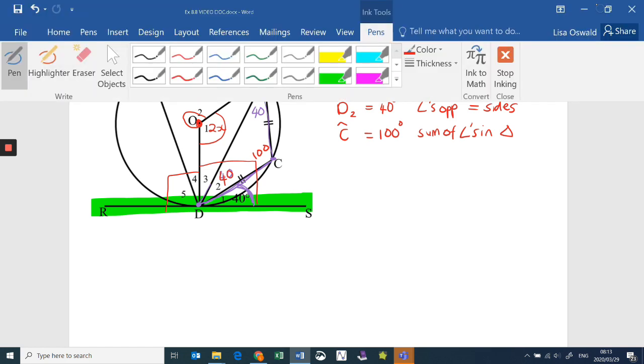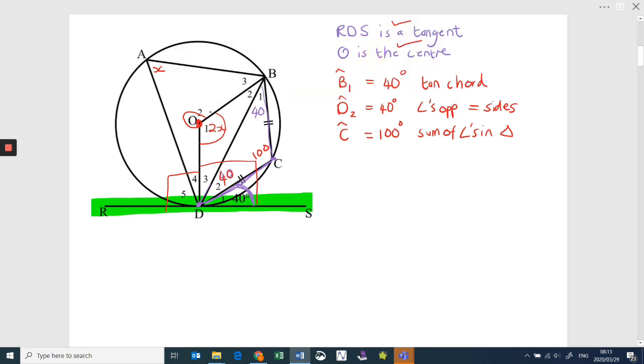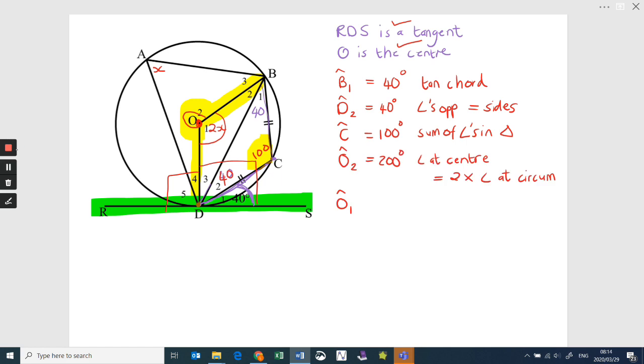This is quite hard to see sometimes, but O2 is coming from B and D. It's the reflex angle made by B to D, and then its little one that goes with it, the angle at the circumference, is 100. So that makes O2 double C because the angle at the center is twice the angle at the circumference.